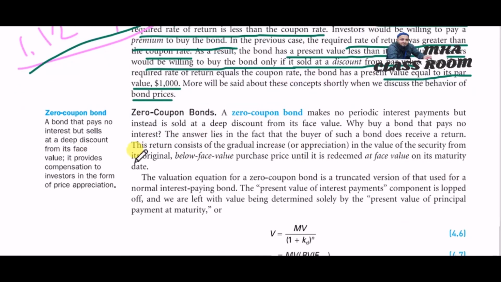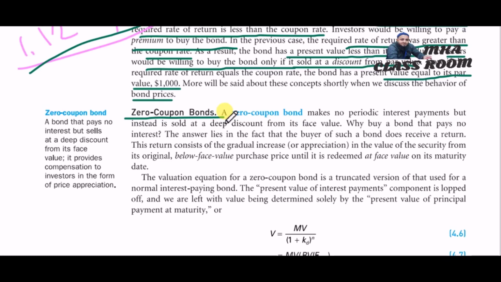Now we will see zero coupon bond. That means the bond which is not paying any kind of coupon, that is zero coupon bond. A bond that pays no interest but sells at a deep discount from its face value.